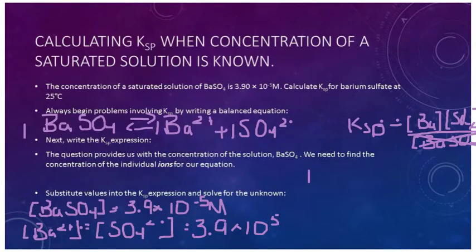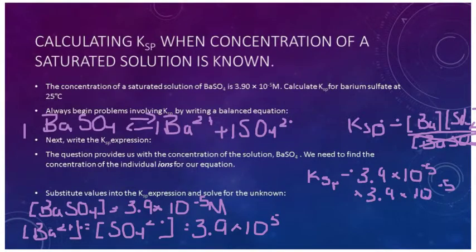Okay, so we sub those values into our KSP expression, and that's going to be multiplied again by 3.9 times 10 to the negative 5. So our KSP ends up being equal to 1.52 times 10 to the negative 9.